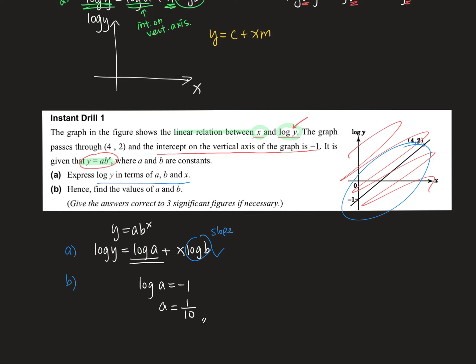We are going to find the slope using these 2 points, (0, -1) and (4, 2). So the slope is equal to 3 over 4, which is log b. So b is 10 to the power 3 over 4. You just put this number into the calculator, and that's going to be your b, and you will round it to 3 significant figures.